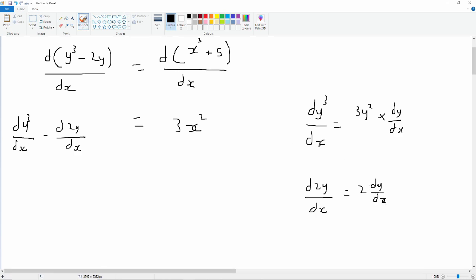So all of this is equal to 3y squared dy by dx minus 2 dy by dx. And of course all of that is equal to 3x squared.